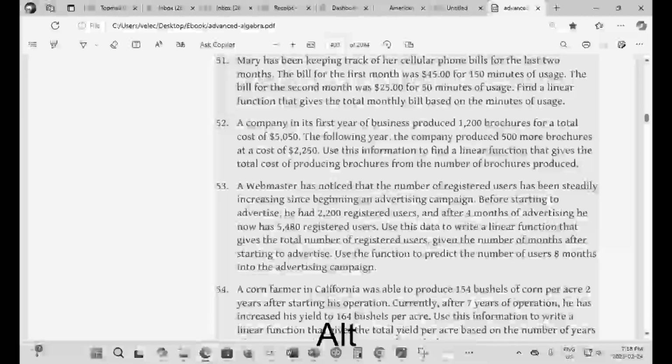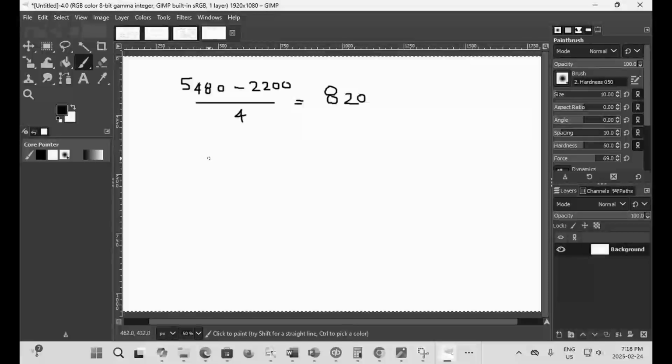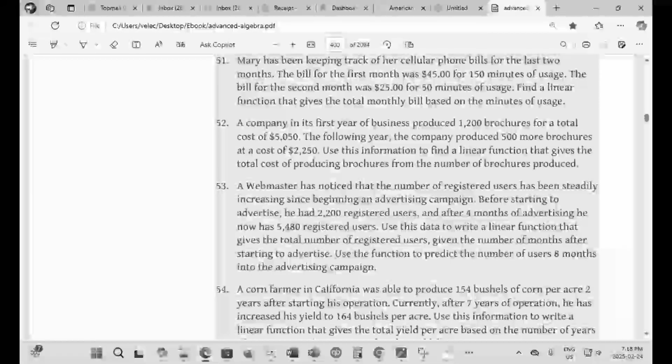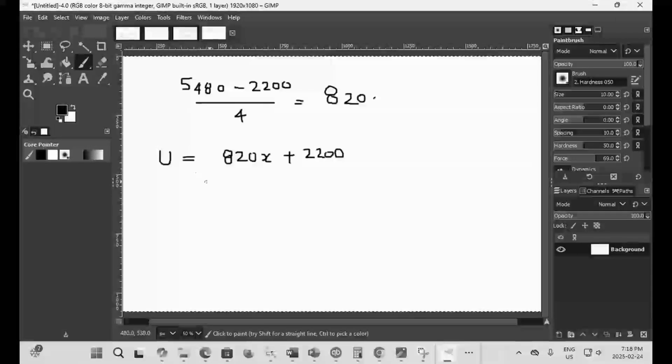So let's say this is x. So 820, plus, you have registered users equals 820x.